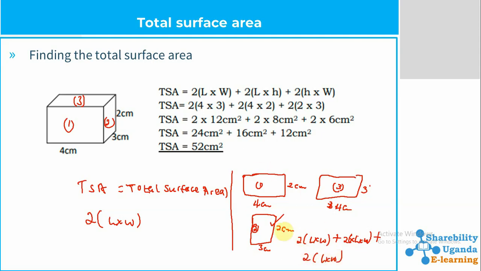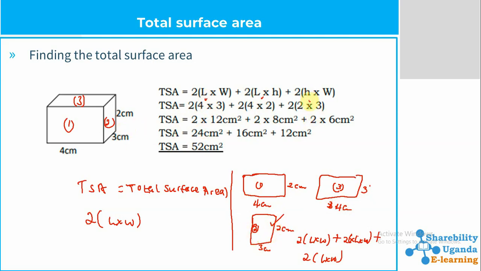So now we have seen how we come up with our formula for the total surface area. Now we can substitute into the formula. In face 1 we have 4 times 2, then we also have 4 times 3, then we have 3 times 2.